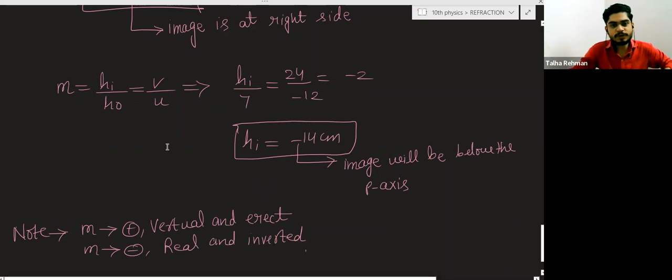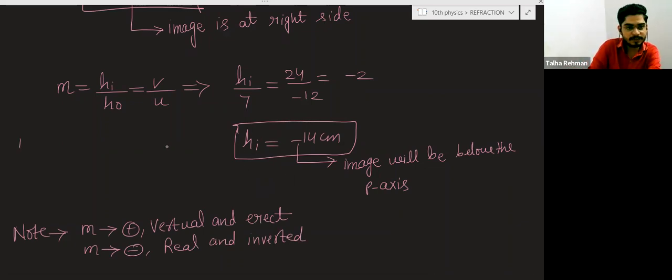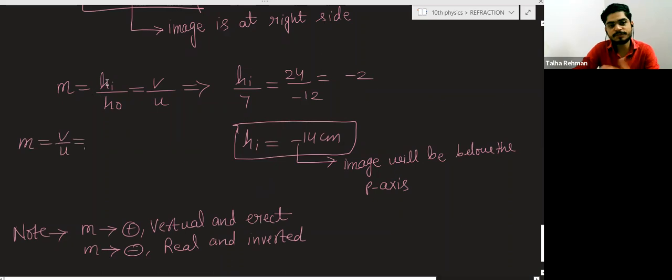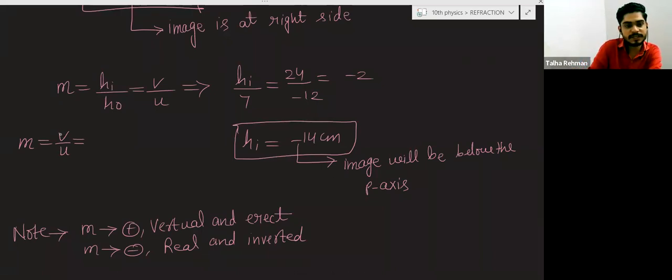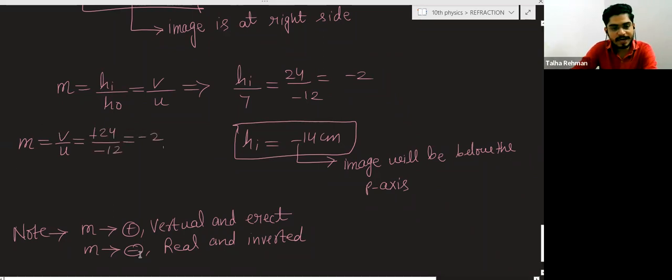When you calculate the magnification for the nature of the image, you will use V by U, because you cannot use the other formula as you do not have height of the image. You will get this negative because this is plus 24 and this is minus 12, so you get minus 2, and your magnification is negative.